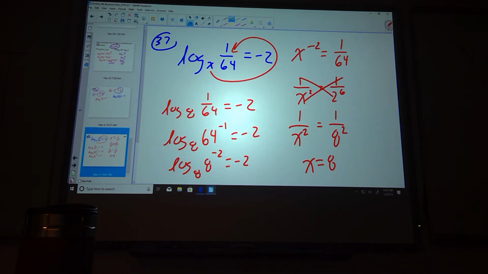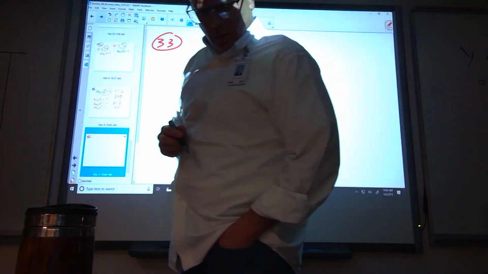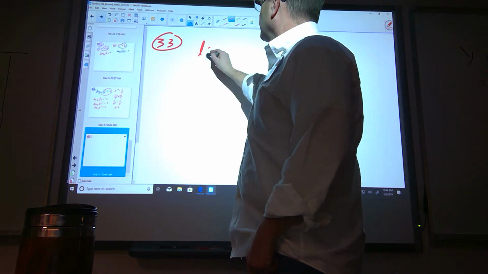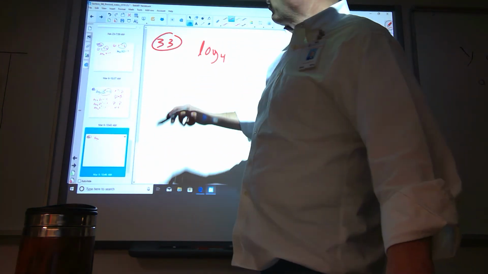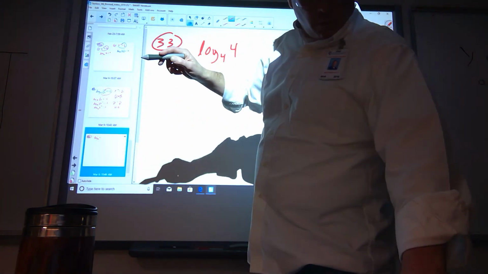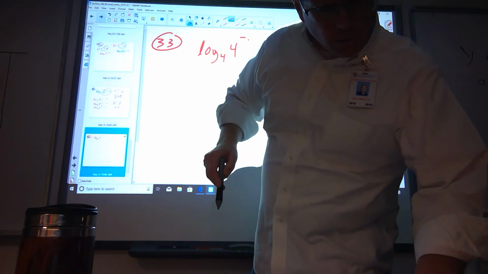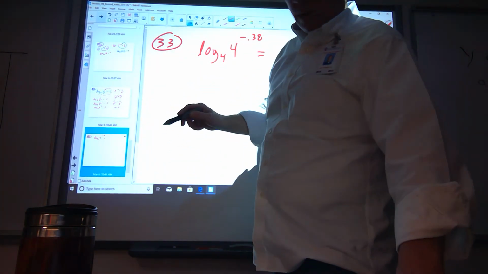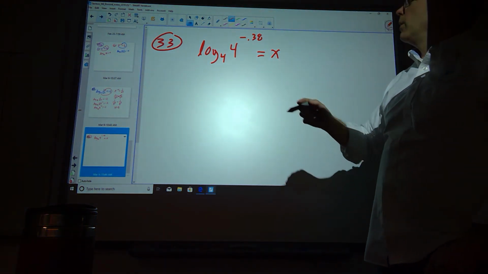Yeah. 3. Log base 4 of 4 raised to the negative 0.38. So this one's already solved for us. We don't have to go and convert it.